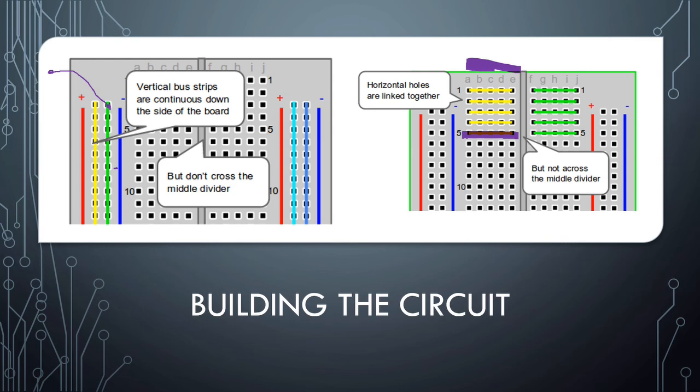So when we're drawing our components in, what you don't want to do is stick a leg of a resistor in here and then stick the other leg in here. It won't do anything, or it won't go anywhere. It will just be connected on the same section. So if this was our little resistor, this would not be a good connection.